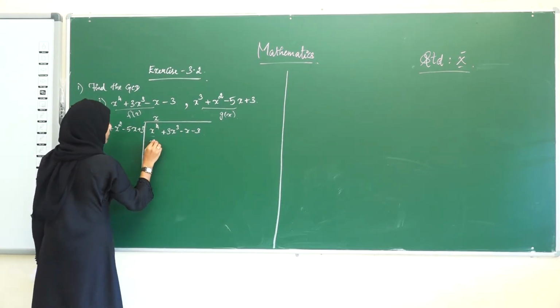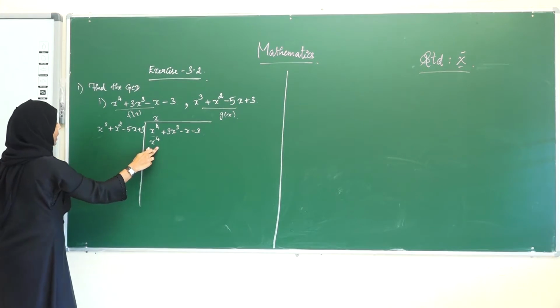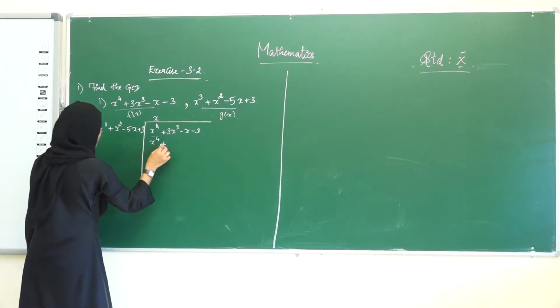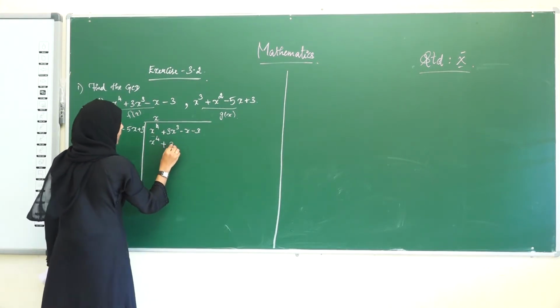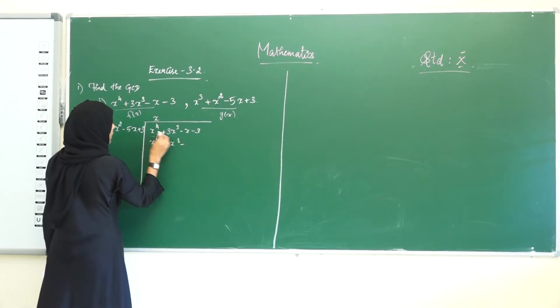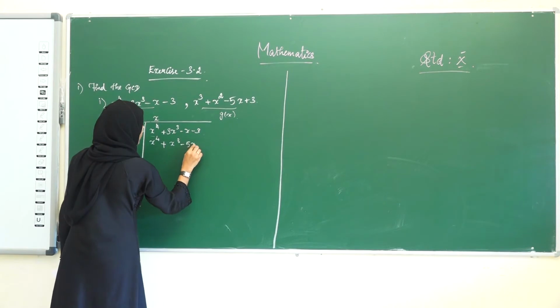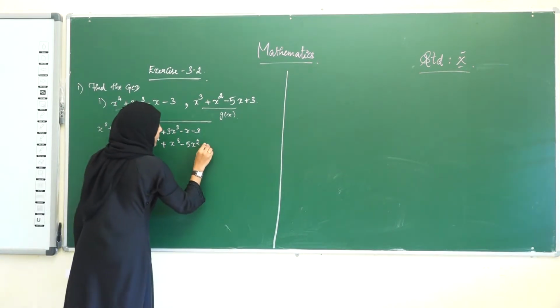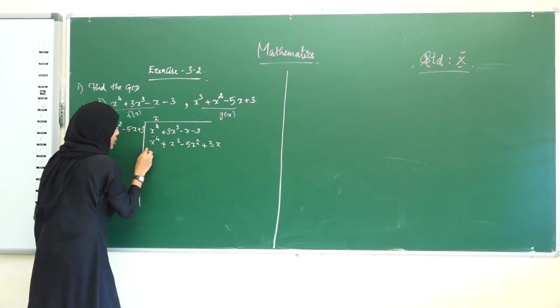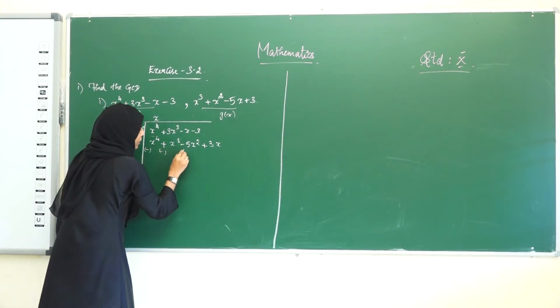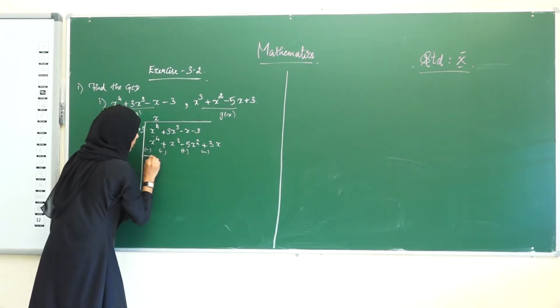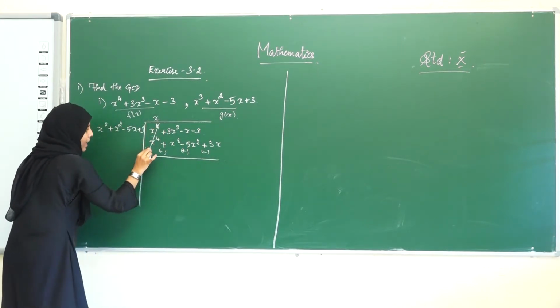The answer that comes is x power 4 plus x square into x is x cube, minus 5 into x square, and then plus 3x. Then we change the signs, plus and minus, so this term gets cancelled.